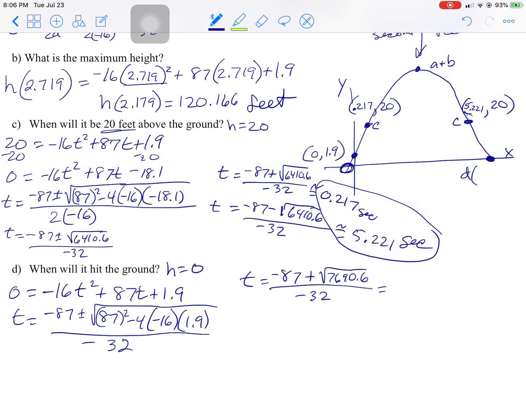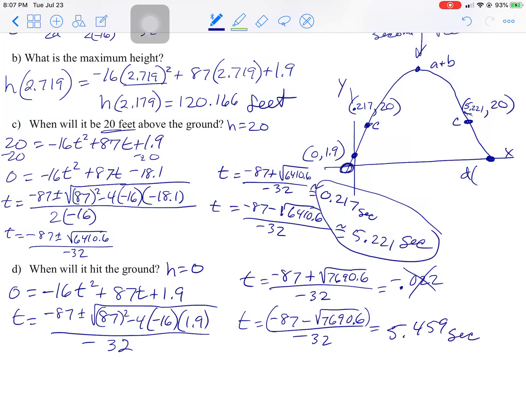This one is going to come out to a negative something, just barely, and you can't have a negative second, so I don't want that one. I want the one that's all the way negative. Put all that in your calculator, get the answer, and then divide by 32. This is going to give me 5.459 seconds, which is bigger than that. So this thing is really traveling pretty fast. That's the one I want for that one. Okay?